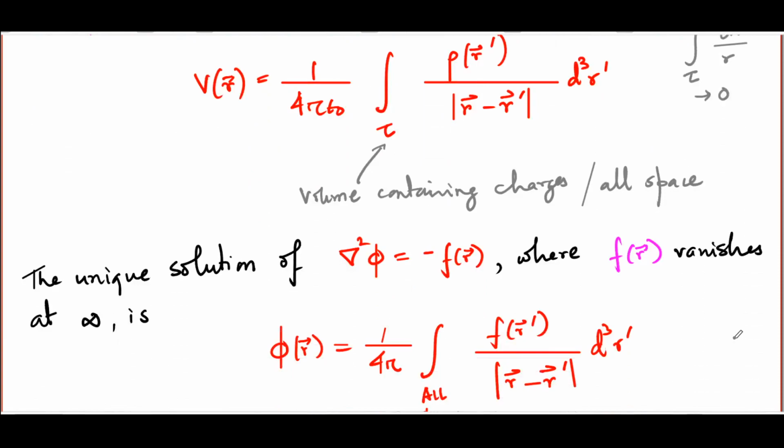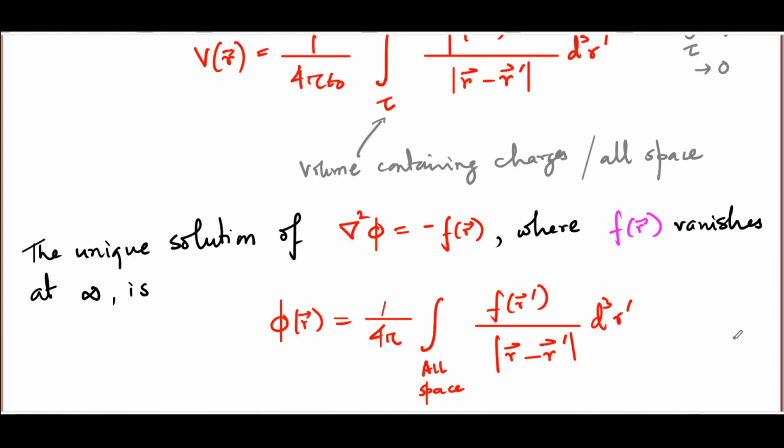In general, if you have an equation like Laplacian of phi is given as minus f of r, where f of r is some specified scalar which vanishes at infinity, and phi is also demanded to vanish at infinity, then there is a unique solution to the Poisson equation. And this solution happens to be phi of r is 1 over 4 pi integral over all space of f of r prime by mod of r minus r prime d cube r prime.